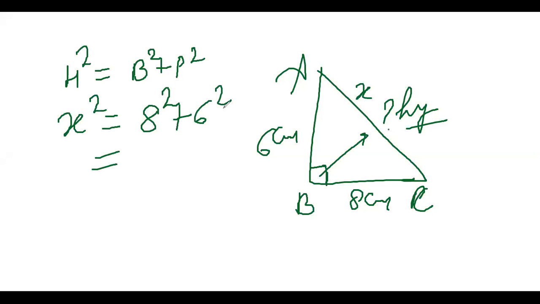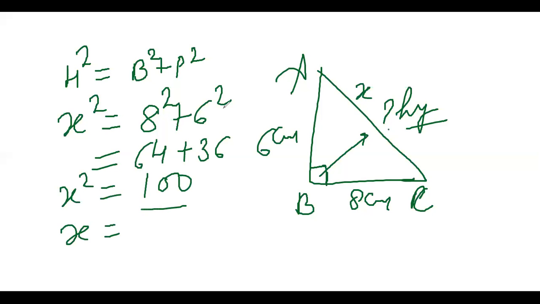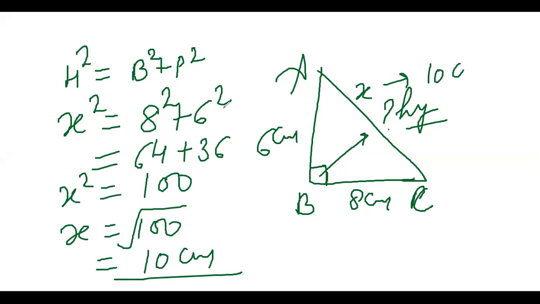So it will be 8 square plus 6 square, that is 64 plus 36 is equal to 100. So x square is equal to 100. How can we find x here? Square root of 100 is equal to 10 centimeter. That means the hypotenuse is equal to 10 centimeter, right?